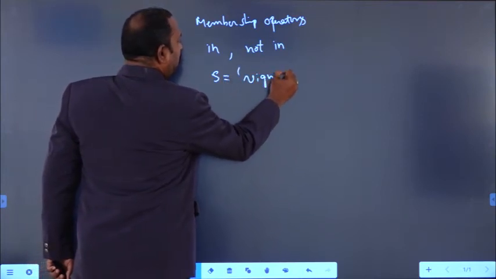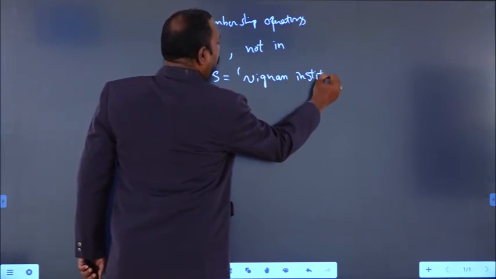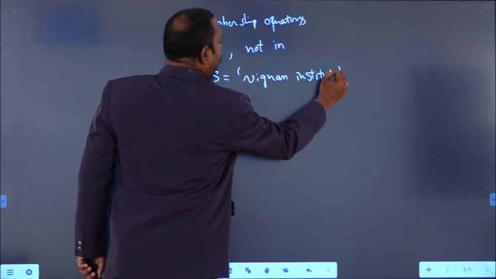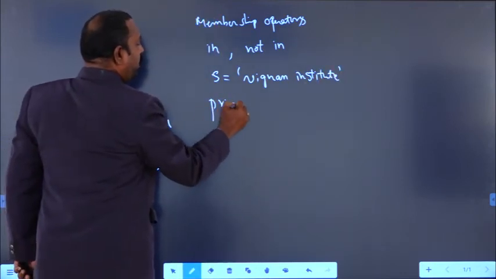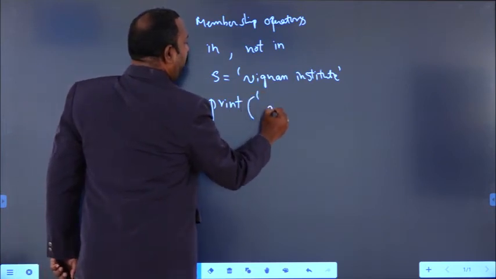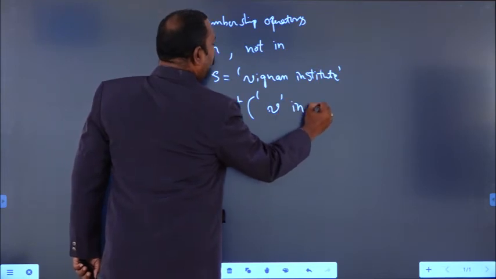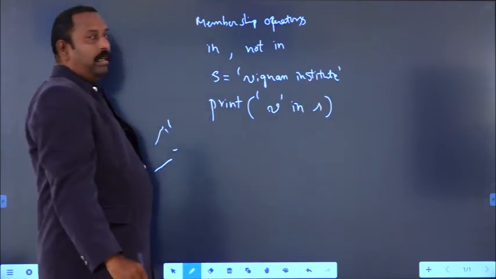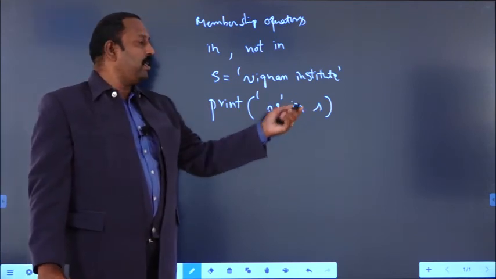Now suppose I write S equal to VIGNAN INSTITUTE, Vignan Institute. Suppose I have written a string. Suppose I write print V in S. That means, is the variable V available in the string S or not?